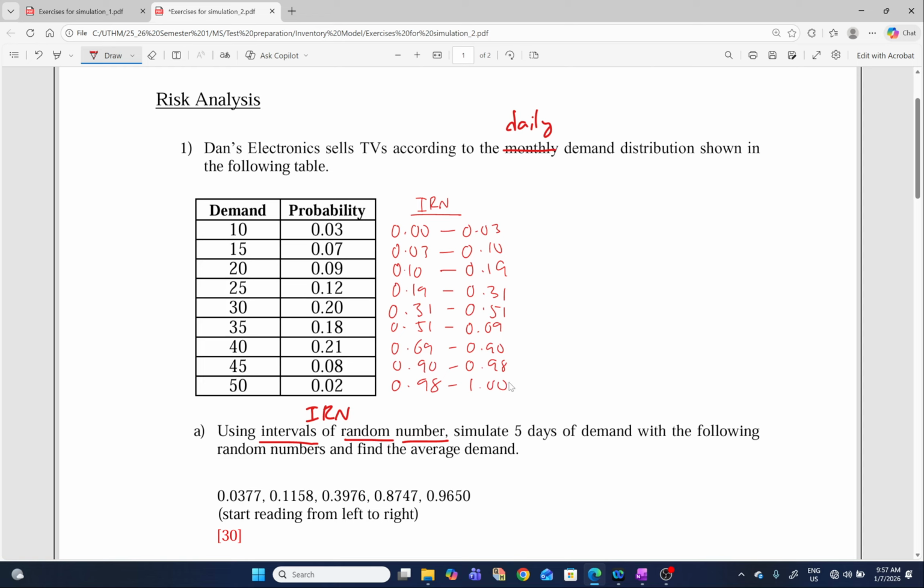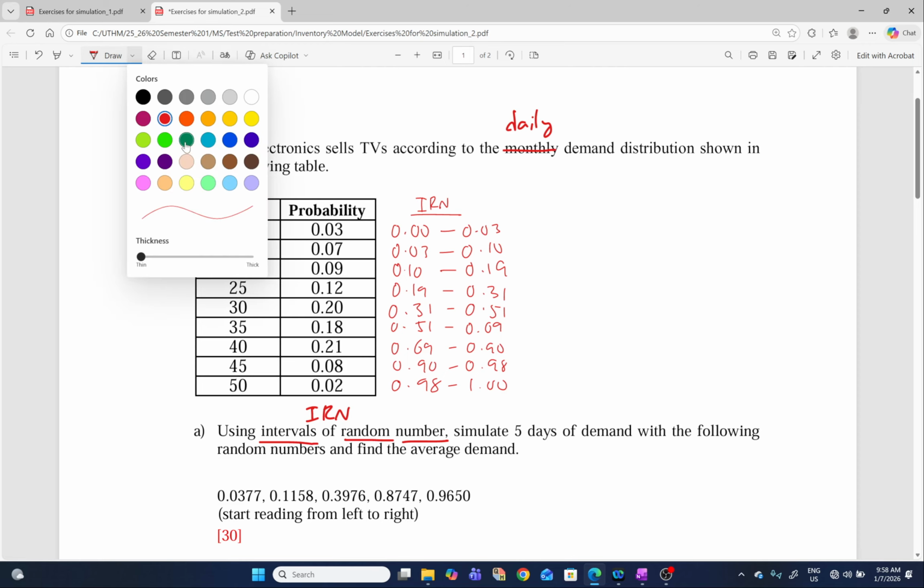See, the last number you should get 1, because if you add all, total probability should be 1. Okay. So first thing, to answer the question, you have to do this one.